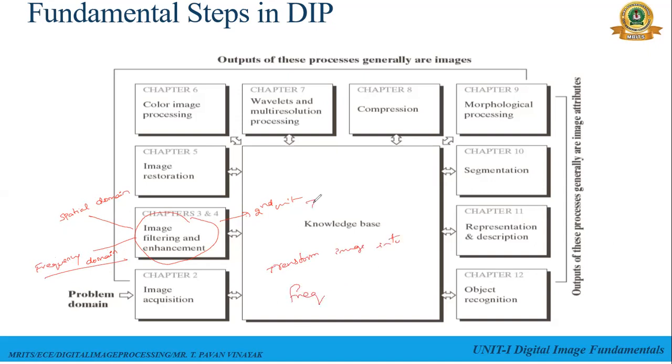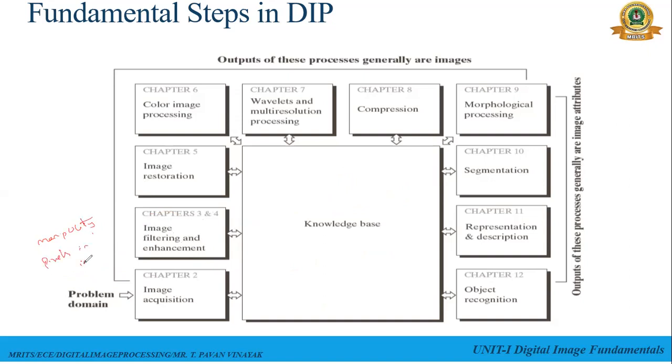It can be done using image transforms, which you will learn in unit 1 itself. So the second unit is completely about enhancement, done in the spatial domain and frequency domain. Enhancement means simply improving the quality of the image by manipulating the pixels in the image.